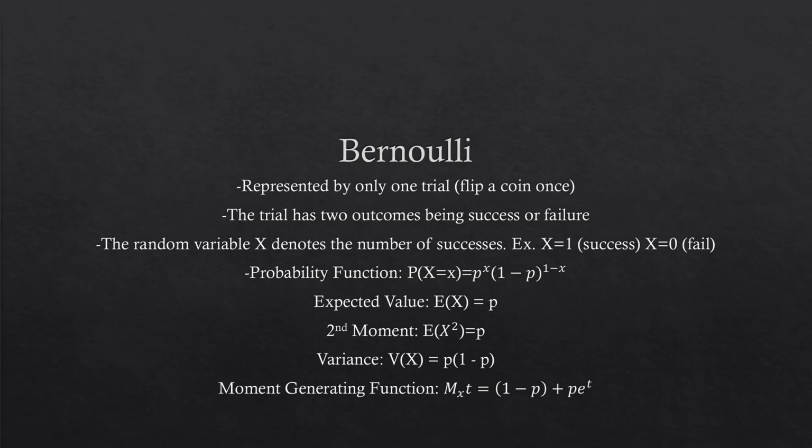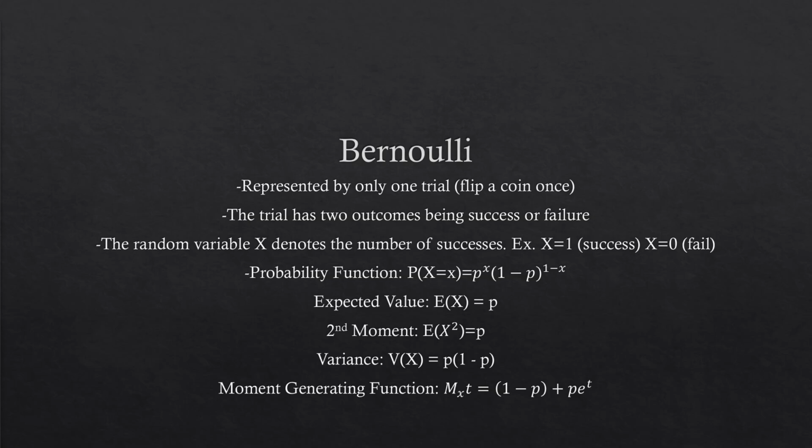So for flipping a coin to get heads, your probability would be 0.5. That's what you would put into the p, along with x, whatever variable x you're looking for, whether it be one success or one failure, and then it's going to be (1 minus p) to the power of 1 minus x.